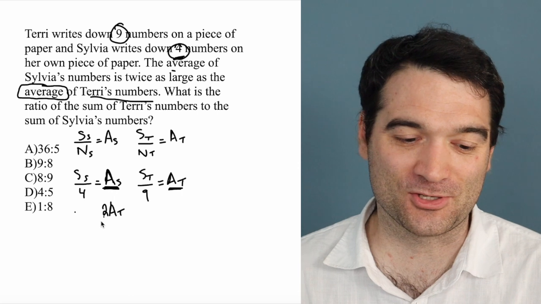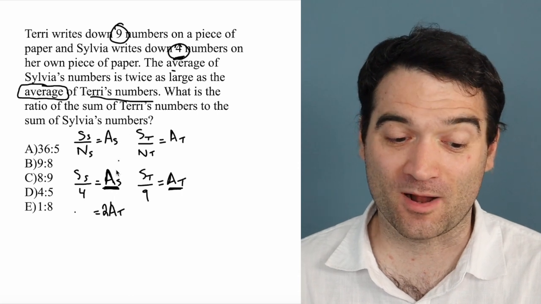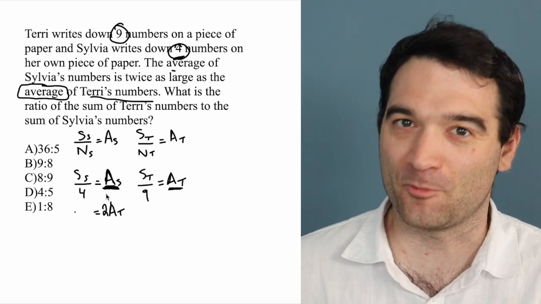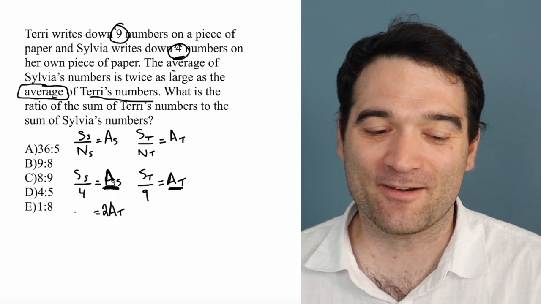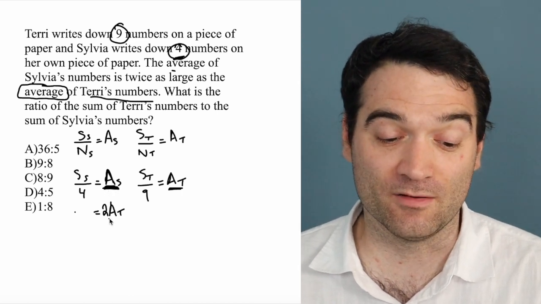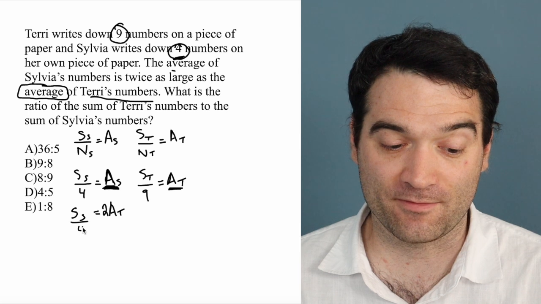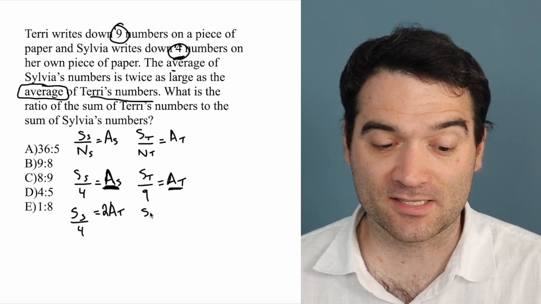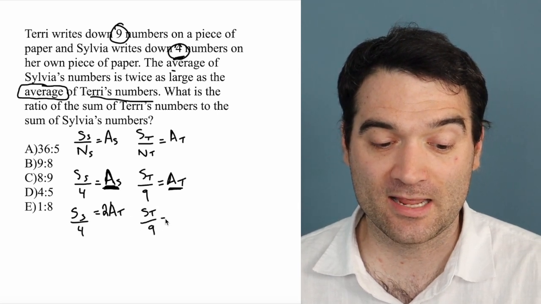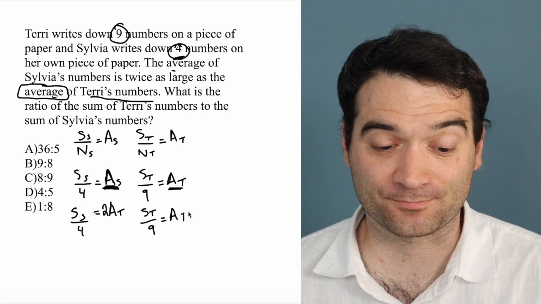I'm going to substitute that in because that's what the problem tells me. So let me fill this in with what I have: SS divided by 4, and over here I have ST divided by 9 equals AT.